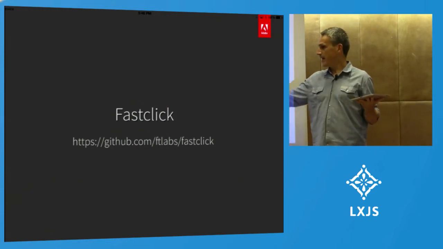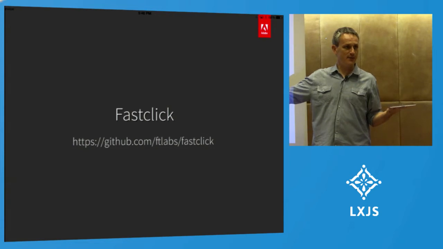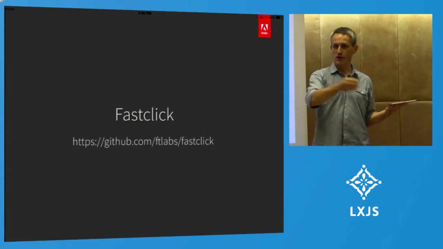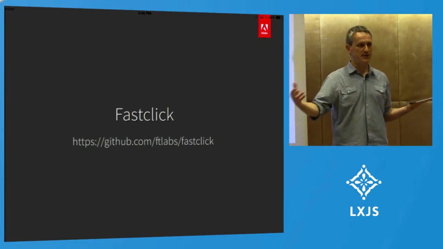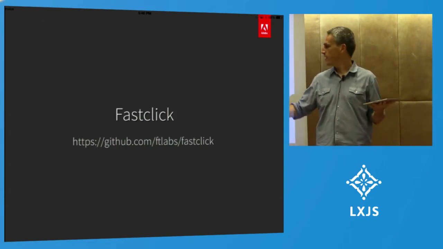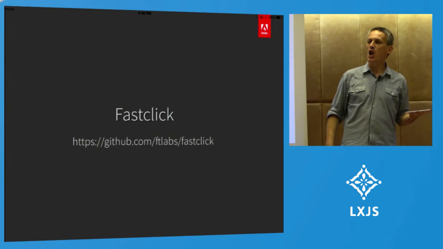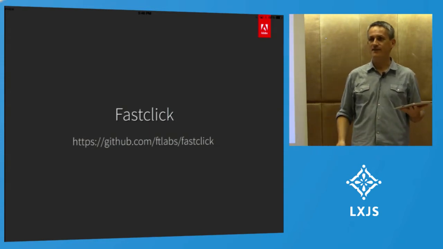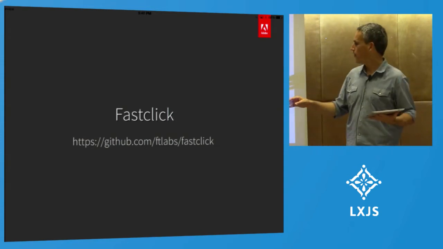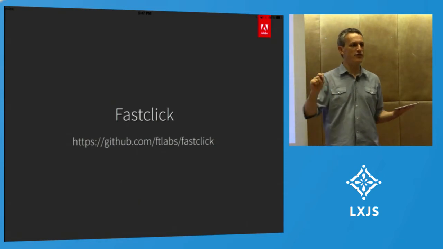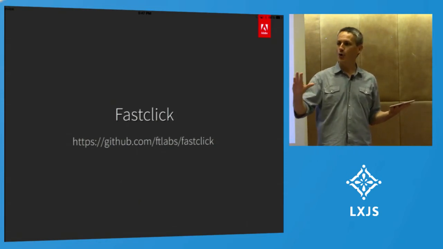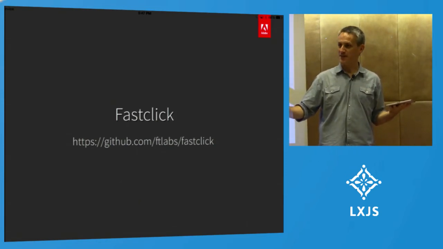FastClick was developed by the guys at the Financial Times. It has been deployed not only in their mobile applications, but in many, many others. So it's a tested and proven library. What I love about it is that it's a pure drop-in library. All you have to do is add the JS file, and you keep coding click events.